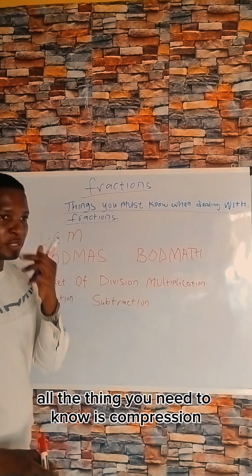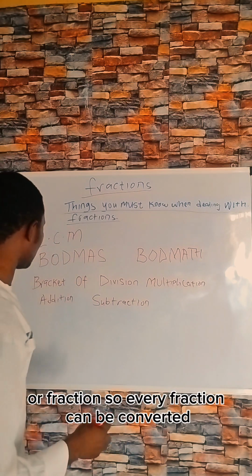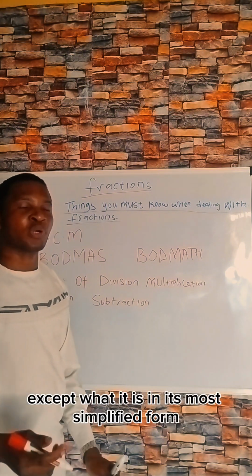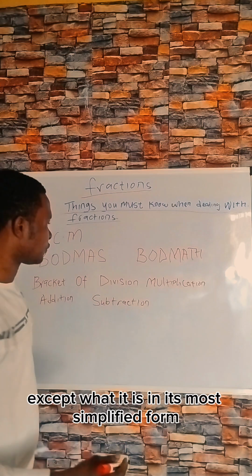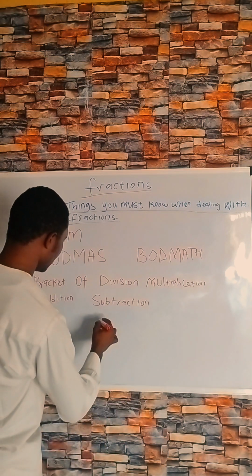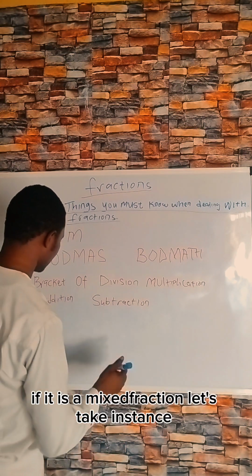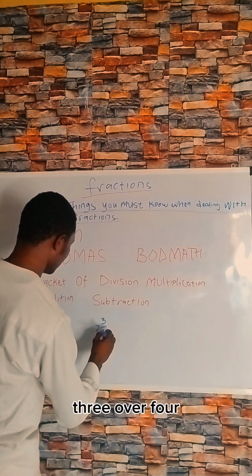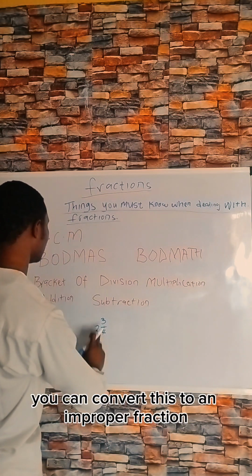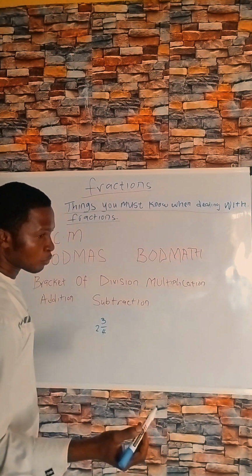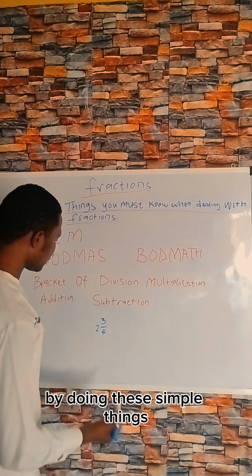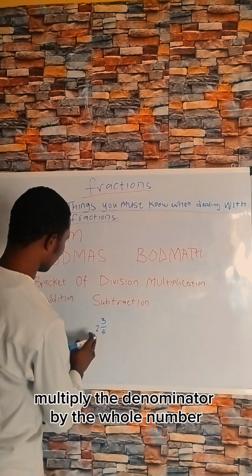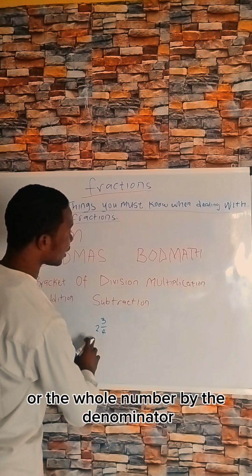Another thing you need to know is conversion of fractions. Every fraction can be converted, except when it is in its most simplified form. If it is a mixed fraction, let's take for instance 2 3/4, you can convert this to an improper fraction by doing these simple things. First, you multiply the denominator by the whole number, or the whole number by the denominator.